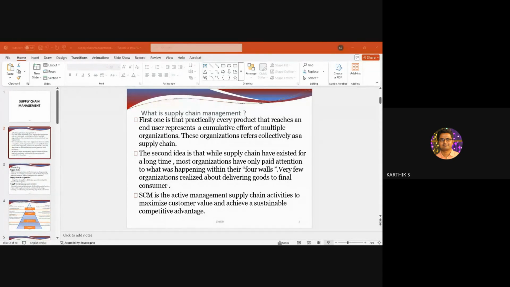As I told, supply chain is a network of organizations and business processes to procure materials, to get the raw materials and transform those raw materials into finished products. Supply chain management means the integration of suppliers, distributors, vendors, and all this.